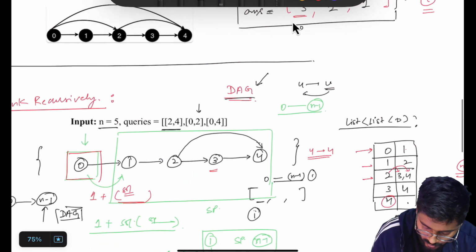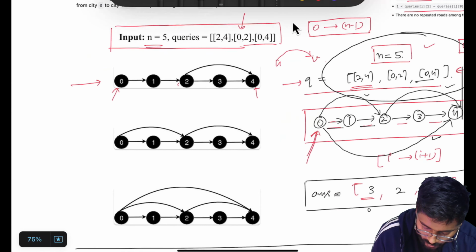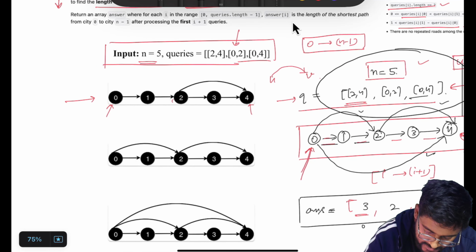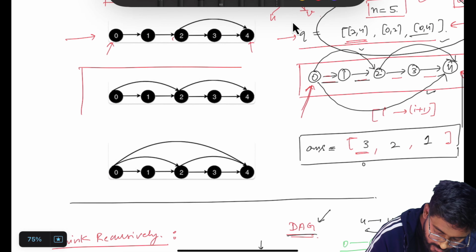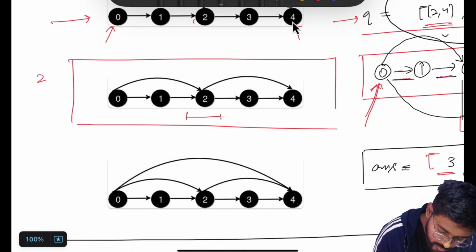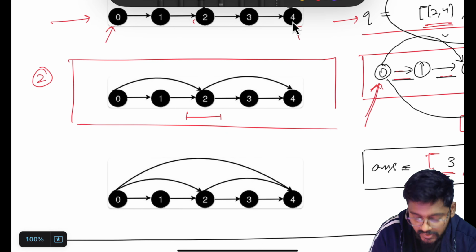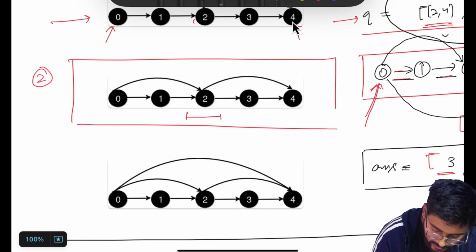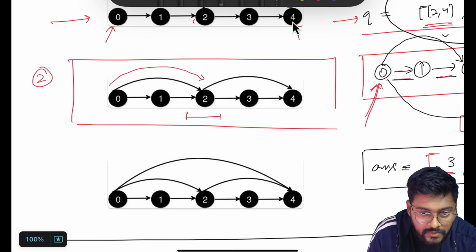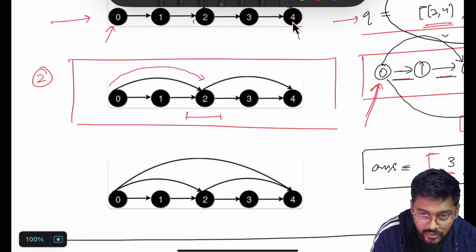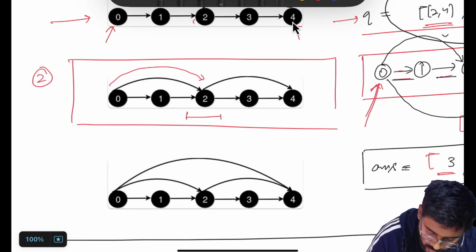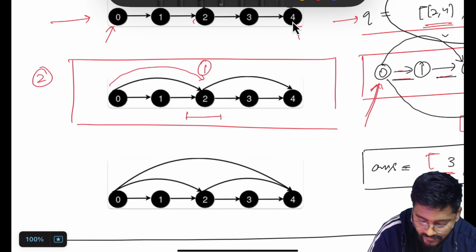But if we try to look at the adjacency list or the graph, let's say after the second query is executed, our graph will look like this. And there are 2 ways of coming to city 2. Let's say when we are coming this way, I will ask 2 what is the minimum number of steps from your city to the n-1 city. So 2 will give me the answer, which is 1. So 2 has already given me the answer.